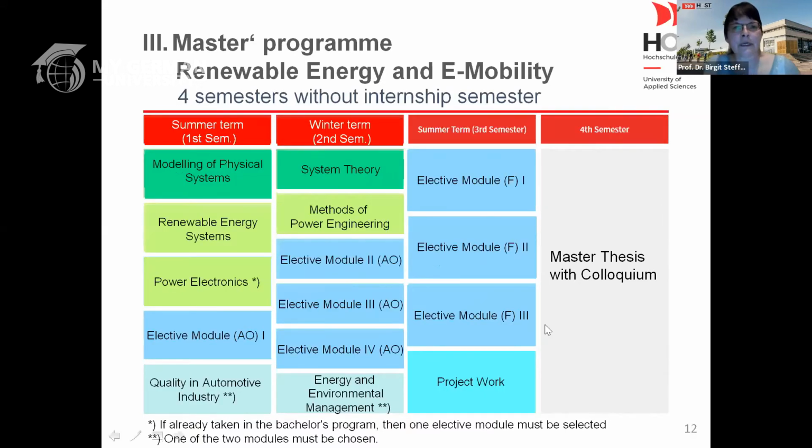Here we have the plan of the 4-semester variant without internship semester. Compared with the 3-semester version, there is a 4th semester with 3 elective modules and a major project work.